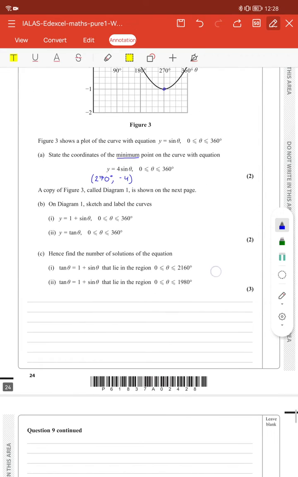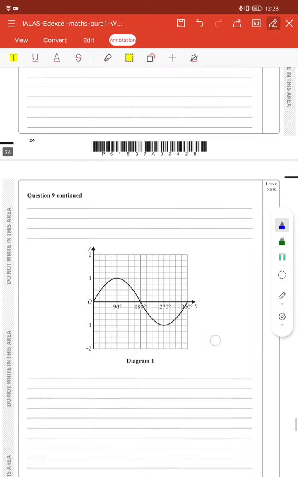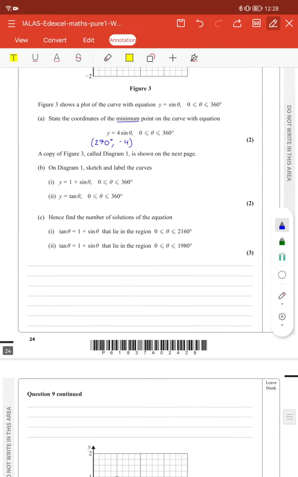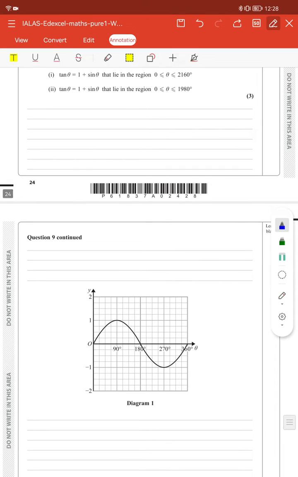And here it's asked you to draw 1 plus sine theta for the following. So 1 plus sine theta means that we have moved everything up by 1. So we'd have a point here, and each point on the graph has moved up by 1.